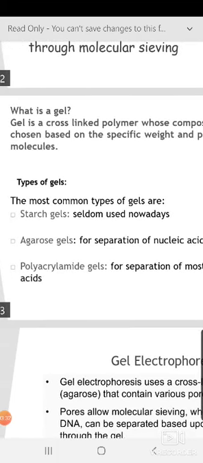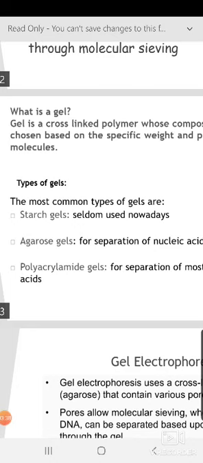Gels are generally inert and will not interact or react with the molecules we are going to separate. Because of that, the molecules separate based on their charge and their molecular weight.